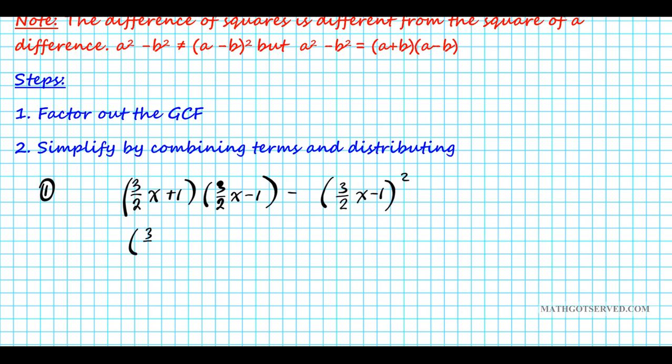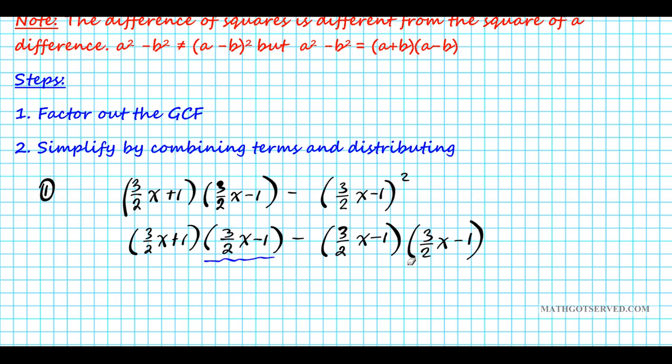This can be written further as 3 over 2x plus 1 times 3 over 2x minus 1 minus, if you square it, you have two copies of this quantity, so 3 over 2x minus 1 times 3 over 2x minus 1. Not minus and plus, please be careful. The same thing twice. Now the GCF is 3 over 2x minus 1. That's the greatest common factor. We'll go ahead and factor that out.